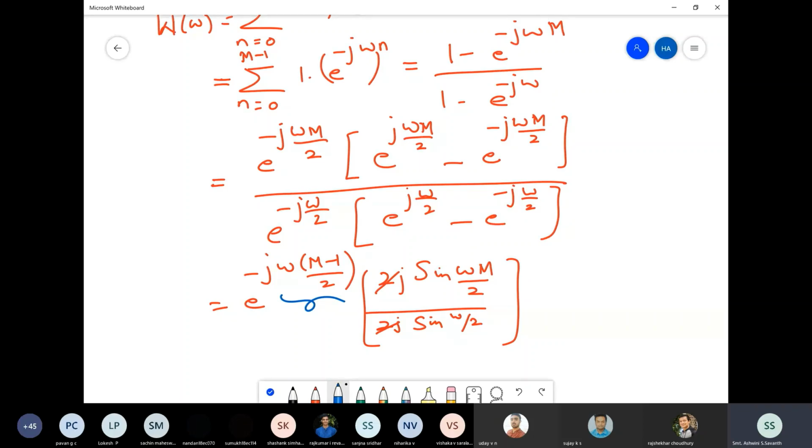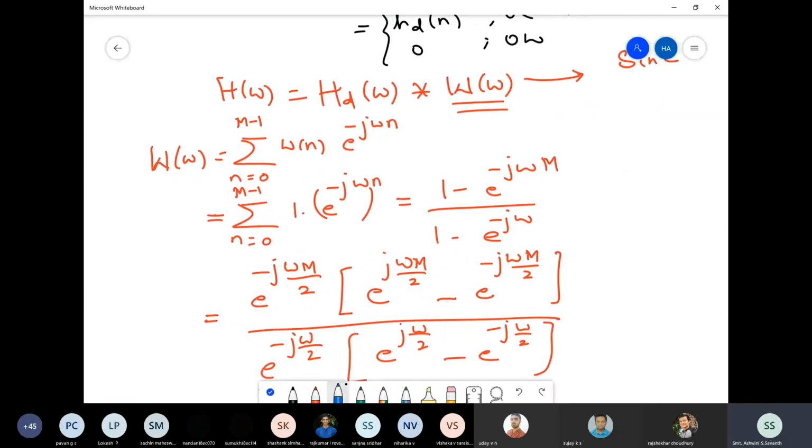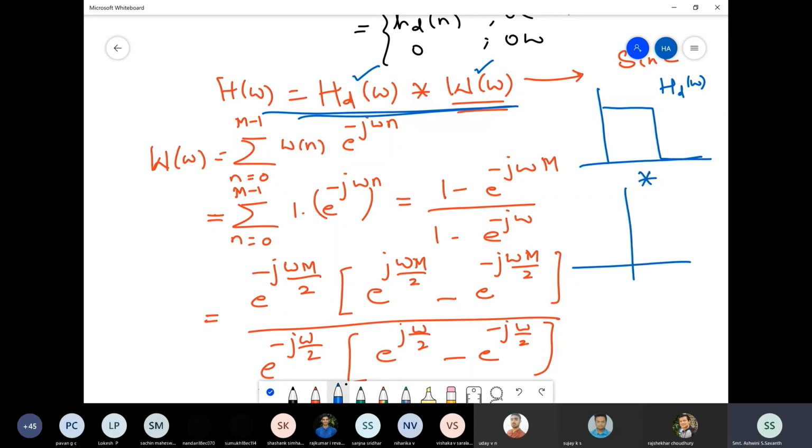Now getting back to the equation that we have here. What is it that we are now checking? You are observing this expression, HD of omega getting multiplied with the window function. What is it that is happening in the frequency domain? So see here, this is, let us say, an ideal low pass filter response which I want, HD of omega. This you are convolving with the sinc function, which is W of omega, the frequency response of the window function.